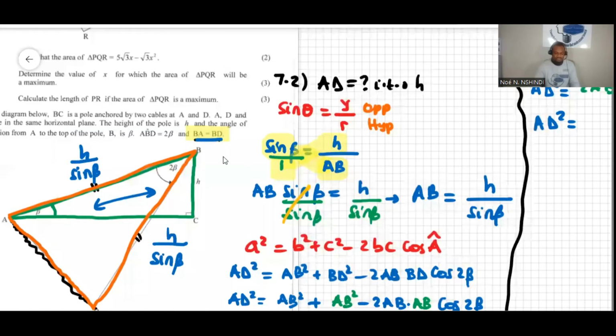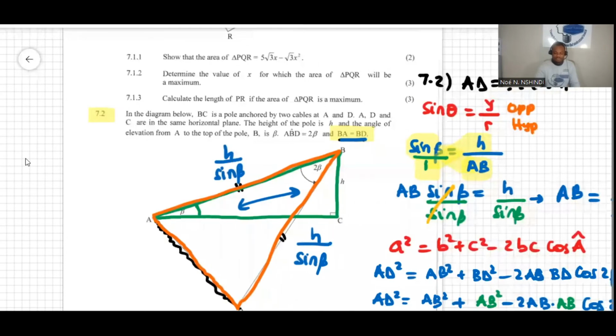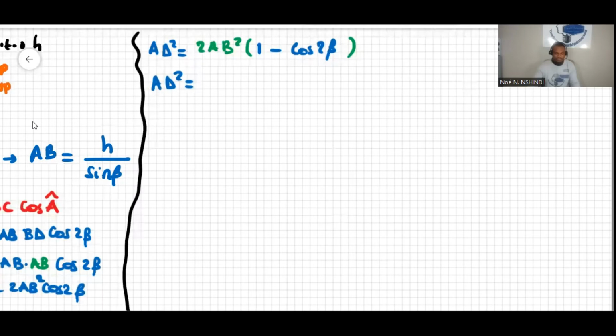We did find that AB was h over sine beta. So AD squared equals 2 times h over sine beta, all squared, times 1 minus cos 2 beta.